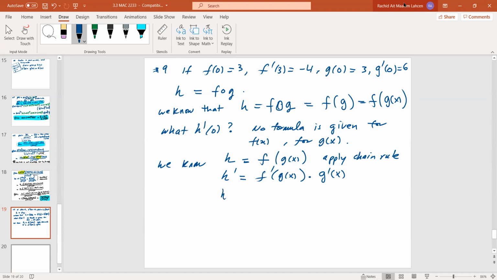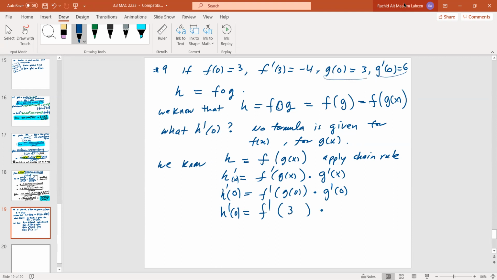So we're talking here about 0. So x becomes 0. When x becomes 0, we substitute it and we just chase it. So what is g of 0? g of 0 is 3.